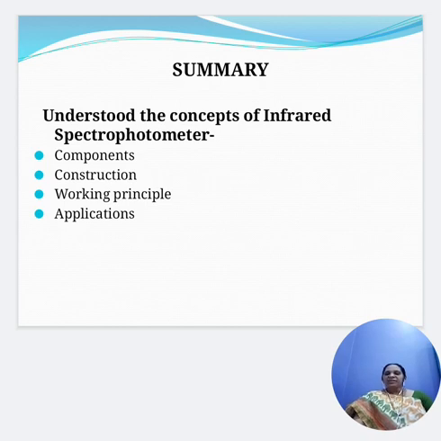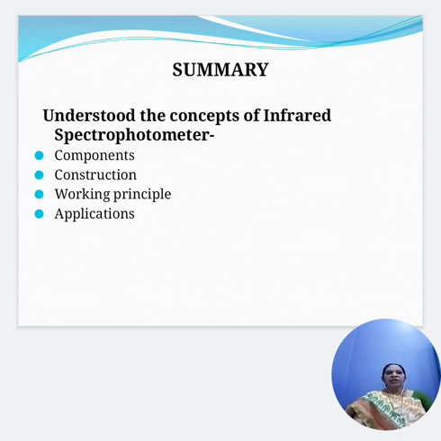Infrared gratings consist of 10 to 100 grooves per mm, and they are made up of quartz or sodium chloride or potassium bromide. For the sample container or sample cells, different sampling techniques are employed depending upon the nature of the sample, whether it is a solid, a liquid or a gas.